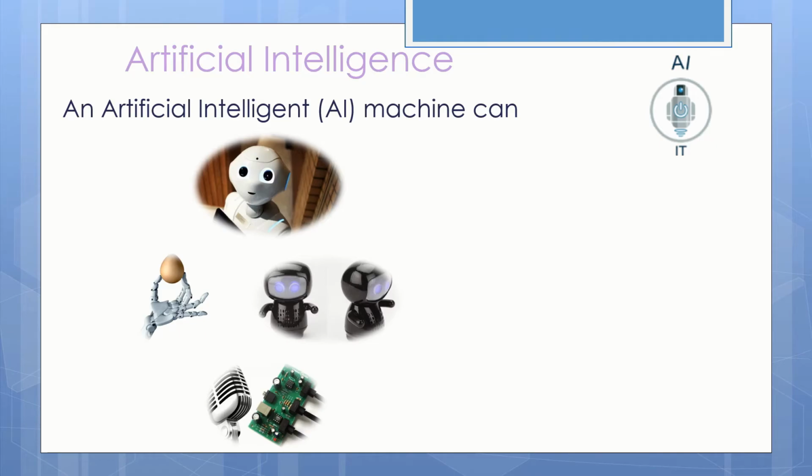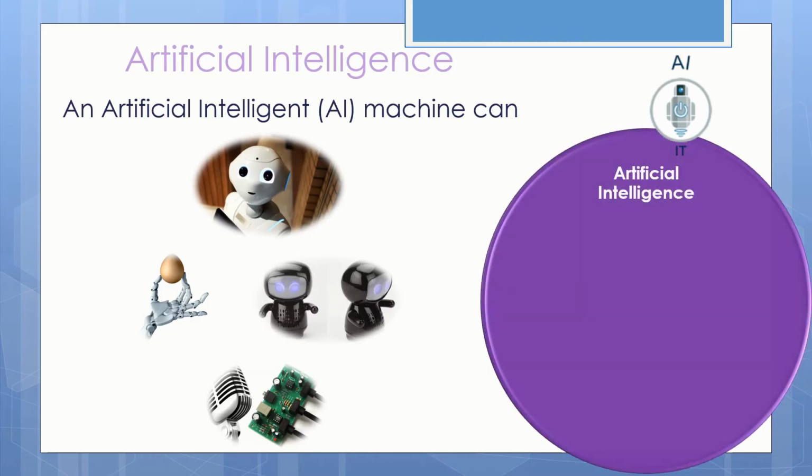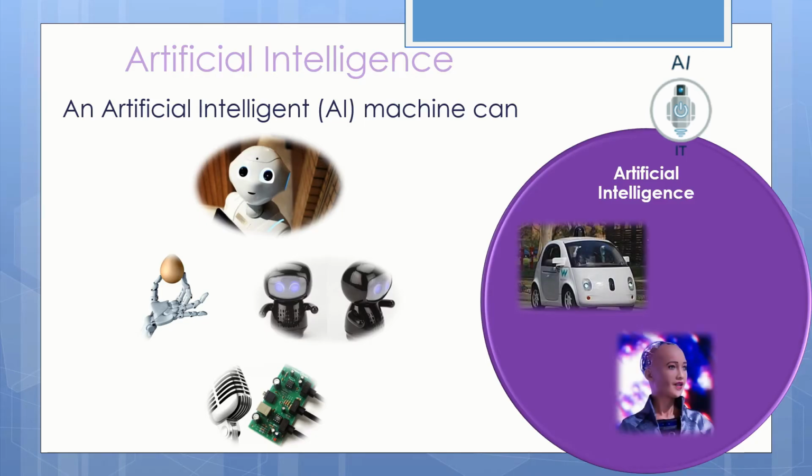So these machines can think algorithmically and execute what they have been asked for in an intelligent way. Some examples that we witness for artificial intelligence are the self-driving car and Sophia, the humanoid robot, isn't it?